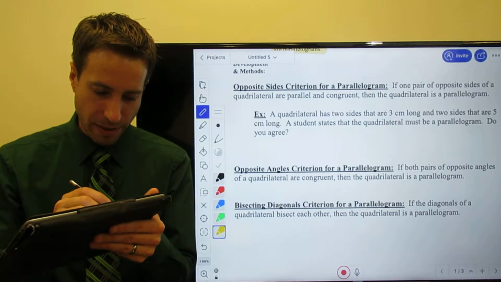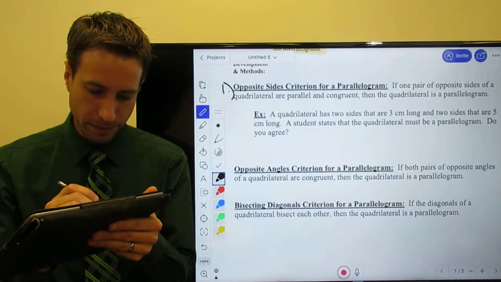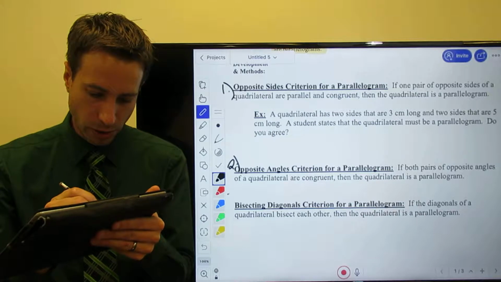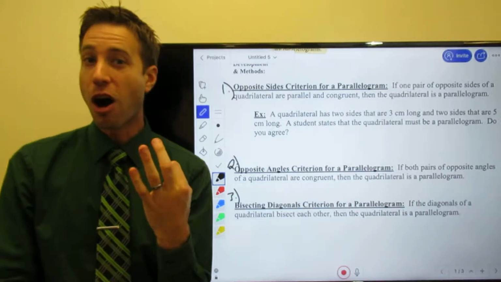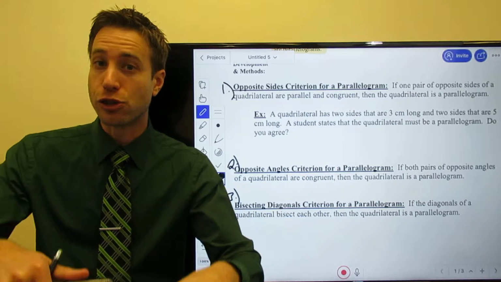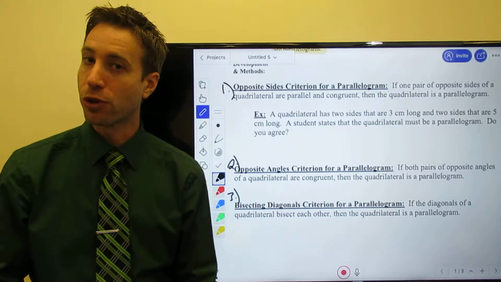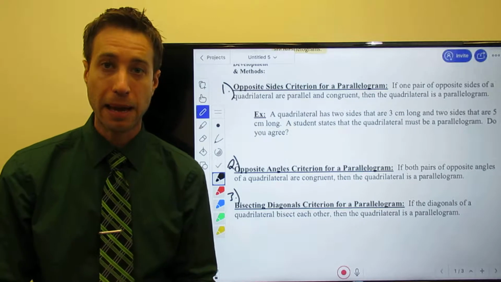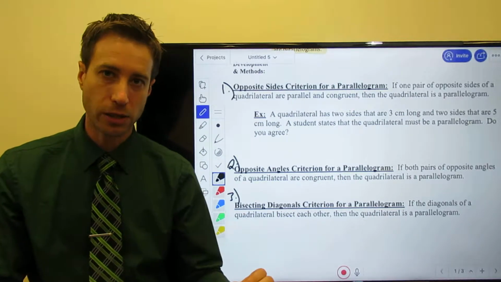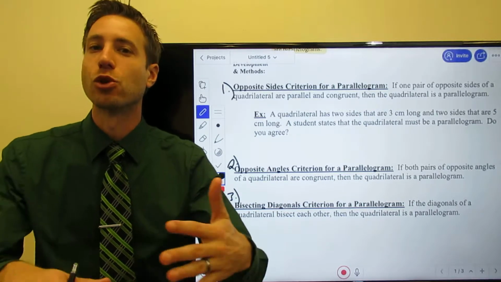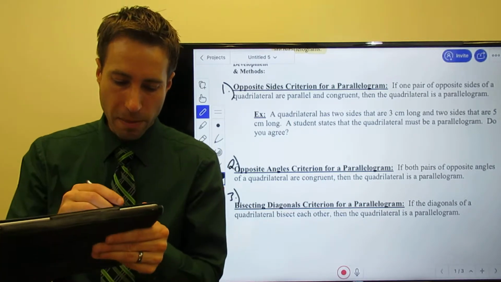In fact, let me number them for you: 1, 2, 3. You only have to show that one of the three criteria is true in order for the quadrilateral to be a parallelogram. You do not need to show all three. So here we go. We'll go through them one by one.